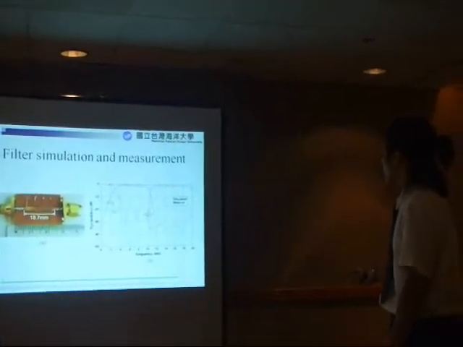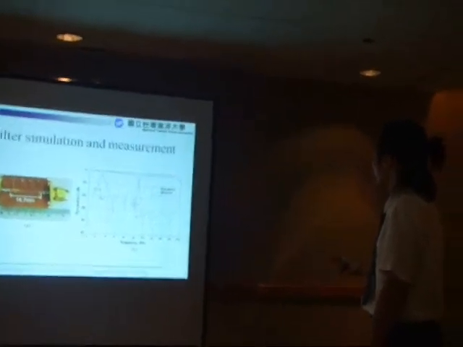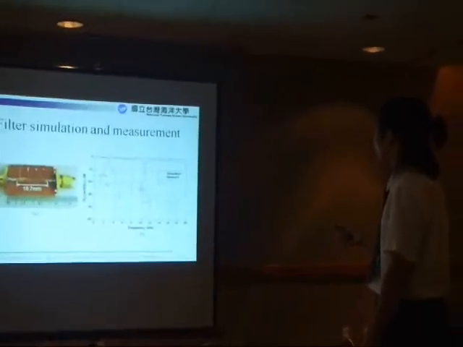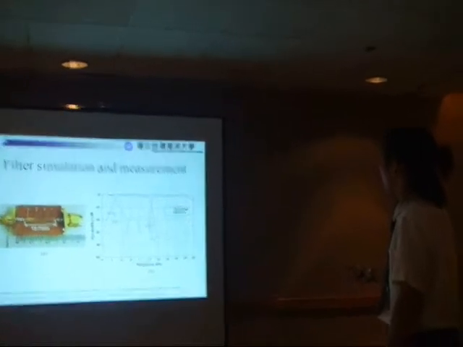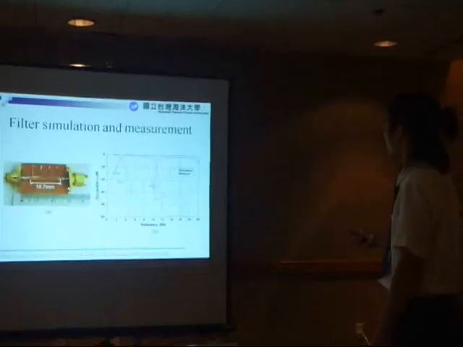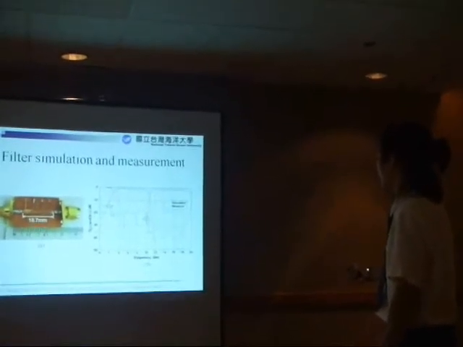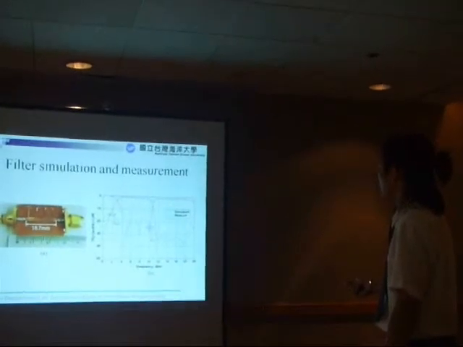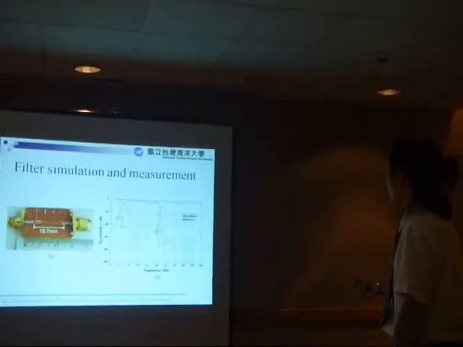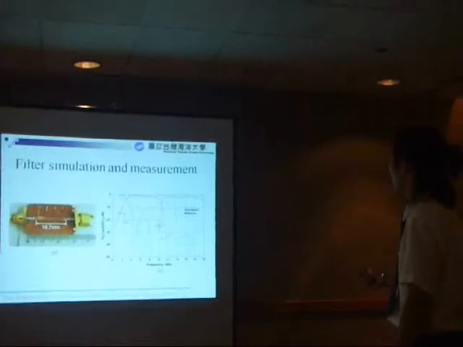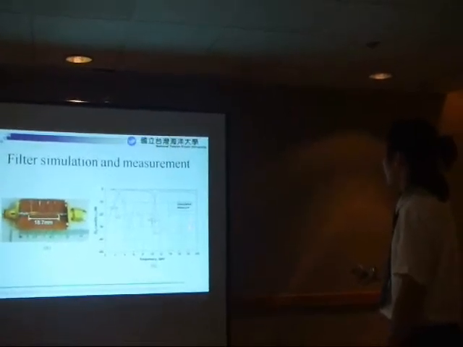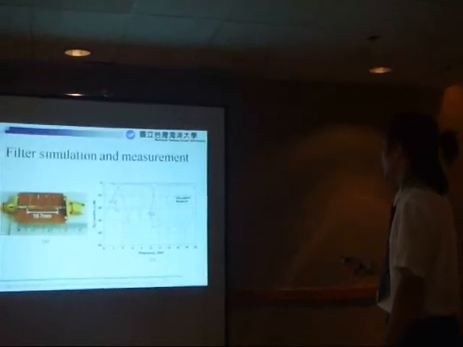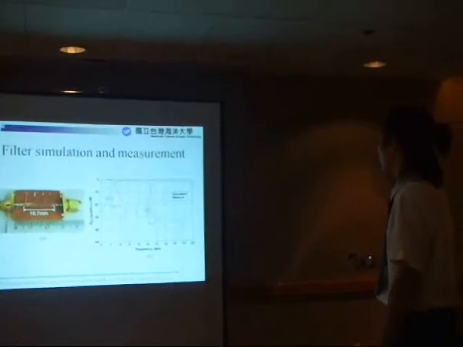The out-of-band rejection level of 13 dB at high frequencies can be improved by properly designing both the DGS and the microstrip line for transmissions.